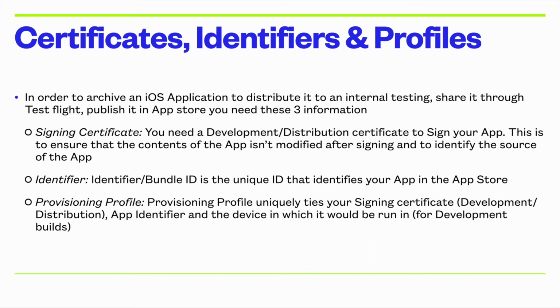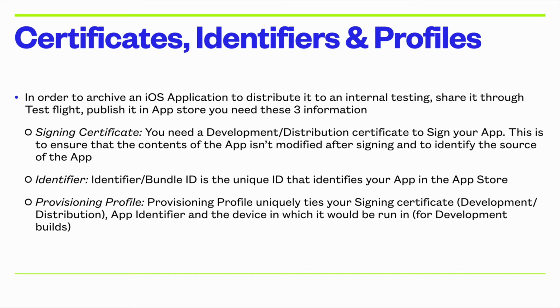What is a provisioning profile? A provisioning profile is an entity which is merely used to link all these certificates and identifiers together. What a provisioning profile signifies is that the developer who has this signing certificate is allowed to sign and ship the app which has this identifier. There are some additional cases as well.